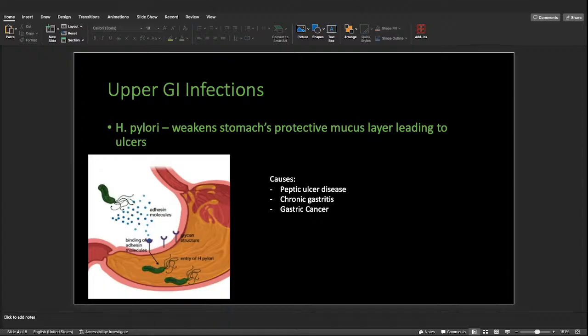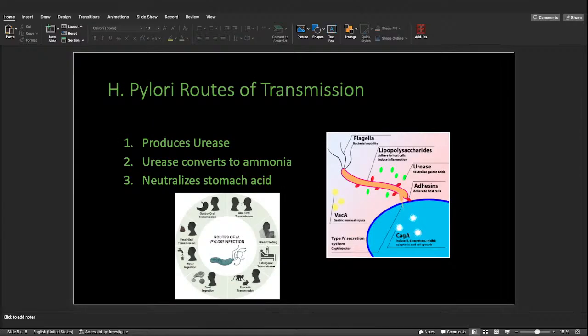Typically, like I said, there are these different routes in which H. pylori can occur. I mentioned oral to oral transmission, fecal to oral, gastro to oral transmission. You might notice these things while you're in practice.